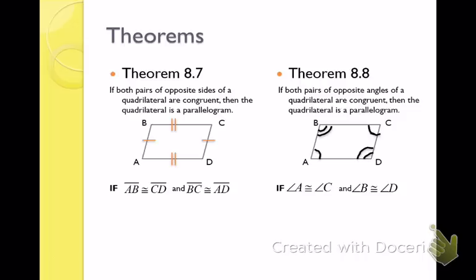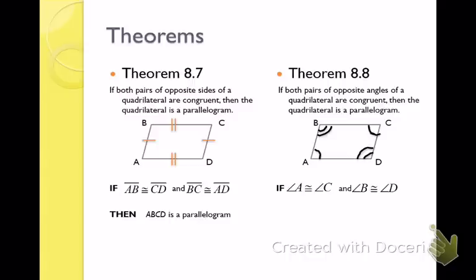Okay, for example, and we're just going to flip-flop some of these theorems. First of all, Theorem 8.7, which says that if both pairs of opposite sides are congruent, then the quadrilateral is a parallelogram. It's important to understand that both pairs of opposite sides need to be congruent. There are other quadrilaterals that have one pair of opposite sides congruent, but they're not going to be parallelograms.